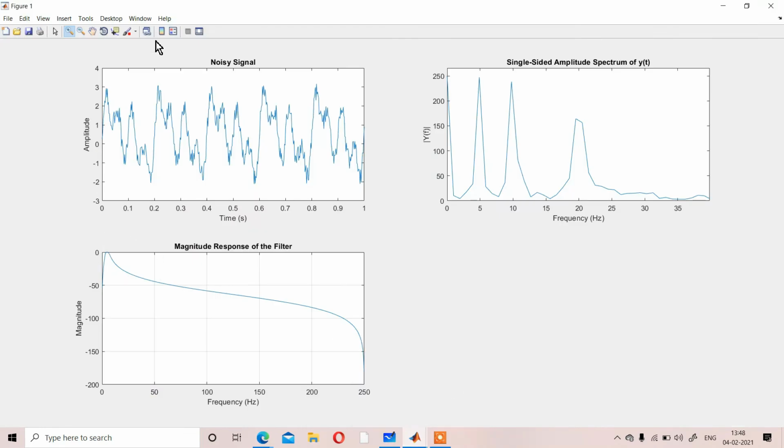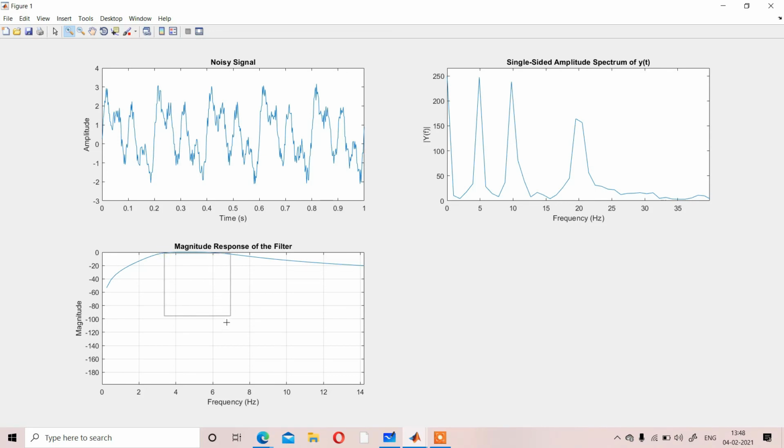So you can check it. It is in the dB format. Between the range 3 and 7, you are getting 1.